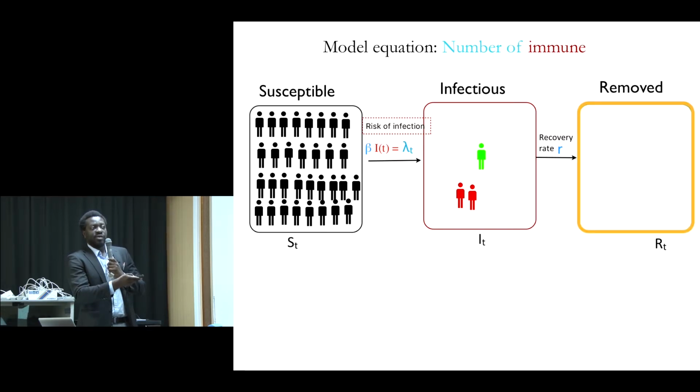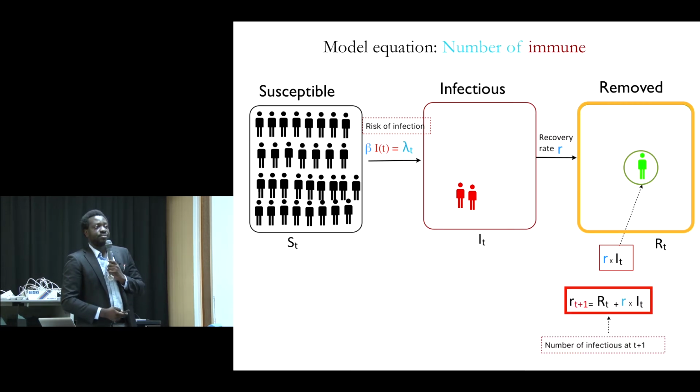The risk of recovery is noted by R, multiplied by the number of infectious, and tells you the number of people who become removed. And we have our equation of the number of people who become removed at time t plus 1.